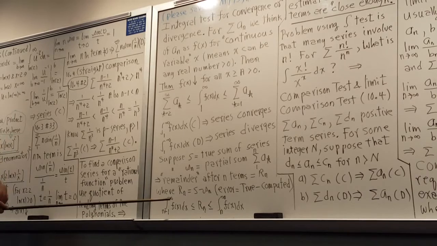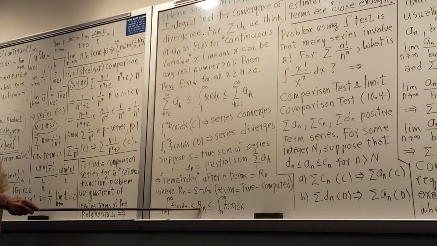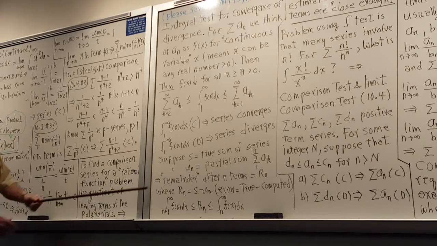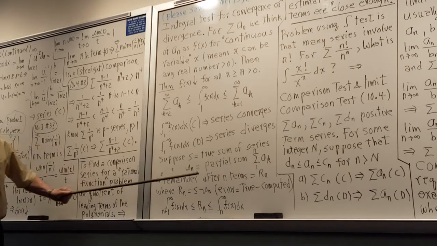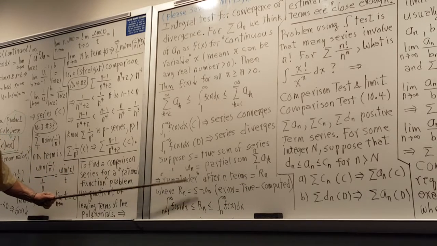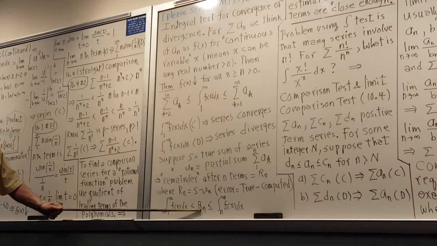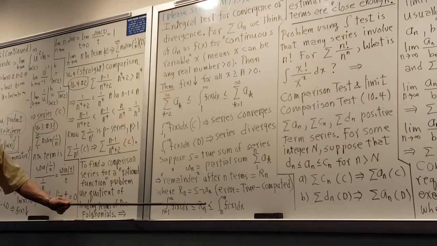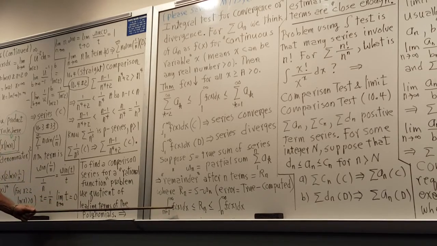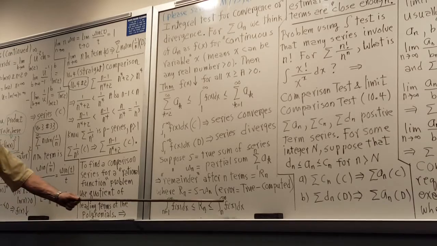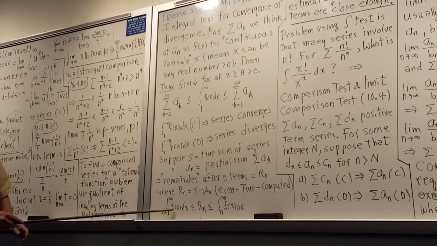So then what we have is that the remainder or error, if you have used the partial sum of n terms for your actual sum of the series, is between this integral and that one. These would be numbers.